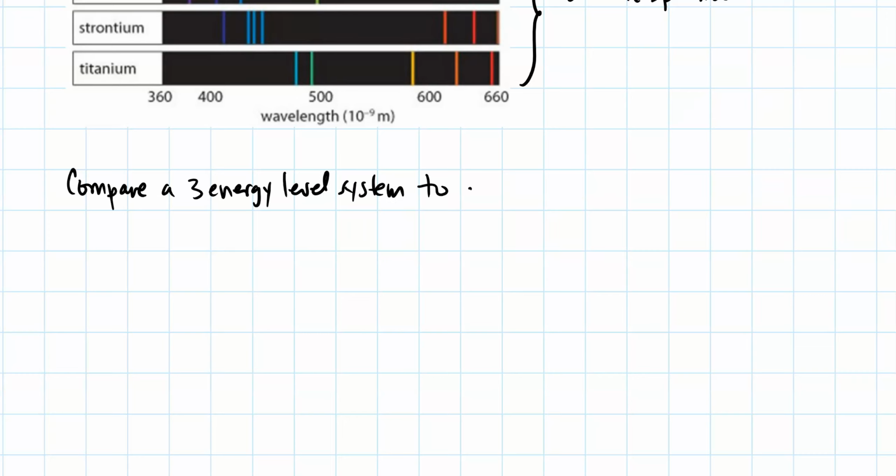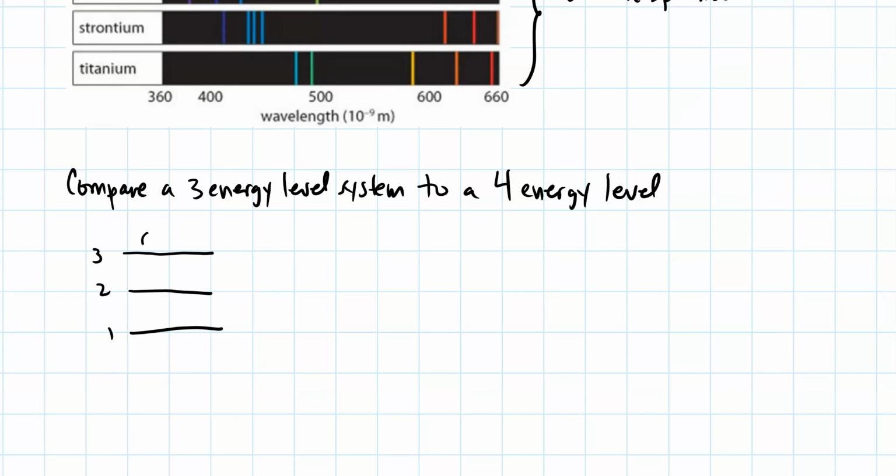So if I draw the 3, there are going to be only 3 ways that an electron can jump from a higher energy state to a lower energy state.